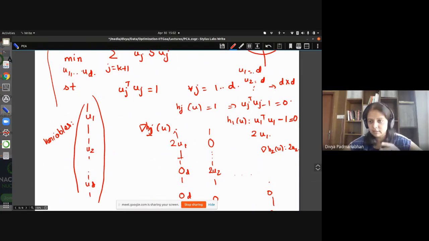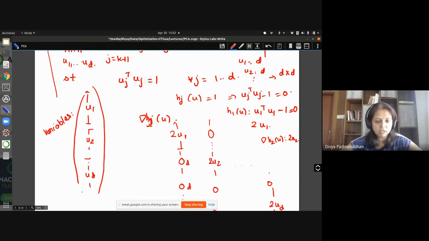Those are d vectors, and each of them has d components. This is the first d components, and this is the next set of d components, and so on. So the total is a vector of size d square, the d square variables.